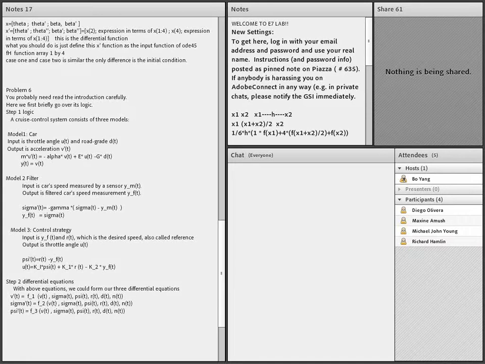So F1, F2, F3 are expressions of these three derivative variables in terms of Vt, which is the speed, and sigma t, psi t, Rt is the desired speed, and D is the road grade, and Nt is just the noise.